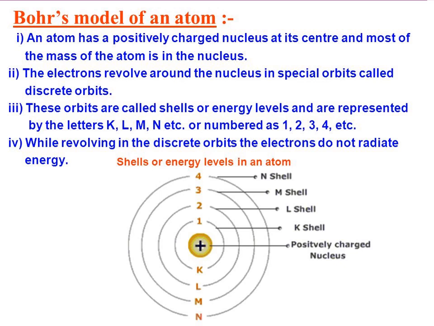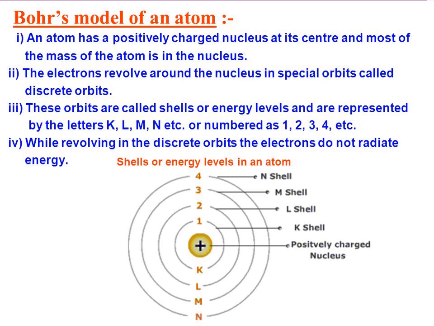The electron can neither lose nor gain energy. Rutherford said the electron lost energy, but here the Bohr model says the electron neither loses nor gains energy. The electron in a shell can move to a higher or lower energy shell by absorbing or releasing a fixed amount of energy.